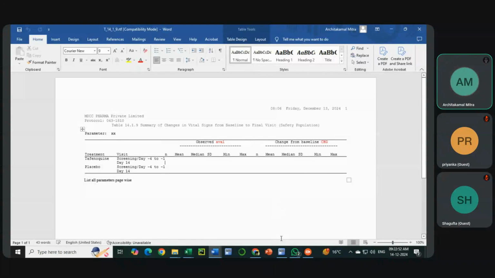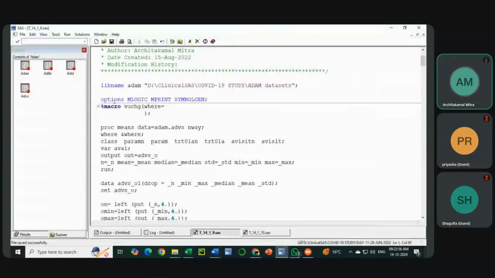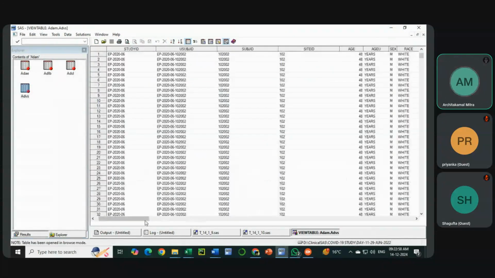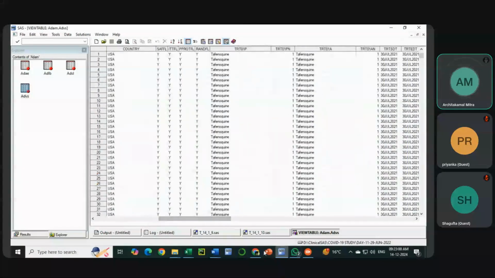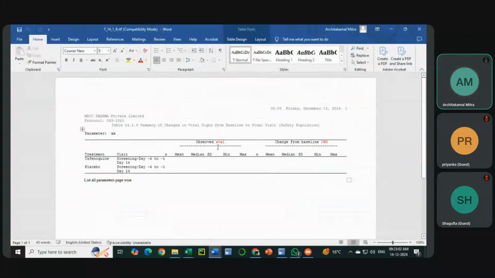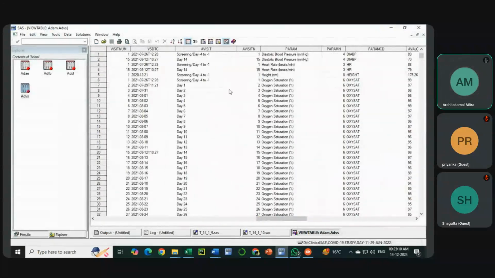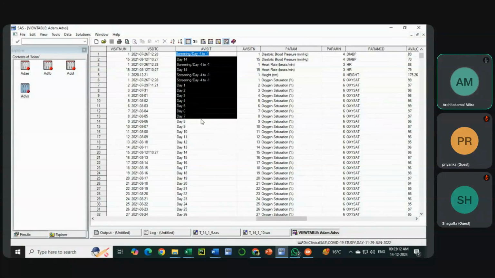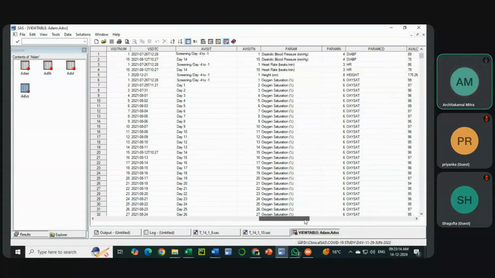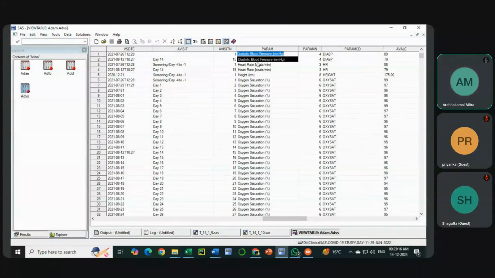Now, if I go directly to the data set, ADVS. We have the observed value as AVAL. These are the visits, and these are all the parameters for diastolic, systolic.